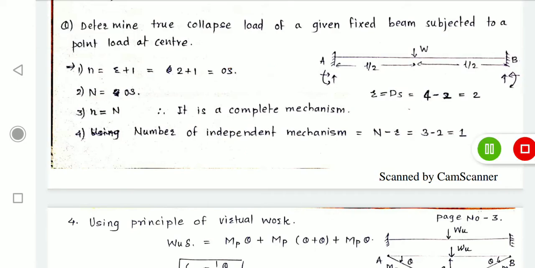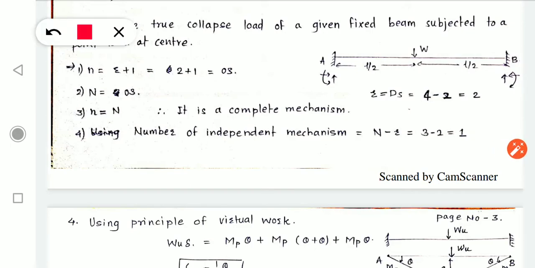Let's do it. So DS: here you have to remember that for fixed support beams, we take vertical reactions and moment at each support. Horizontal reactions are neglected.